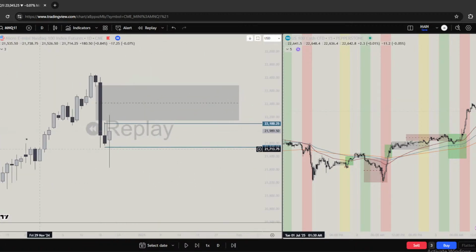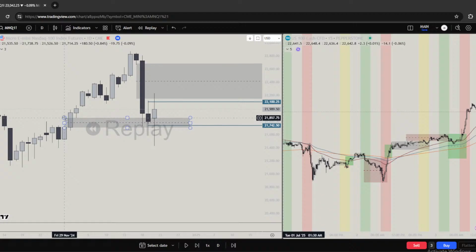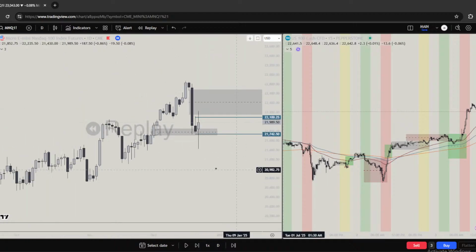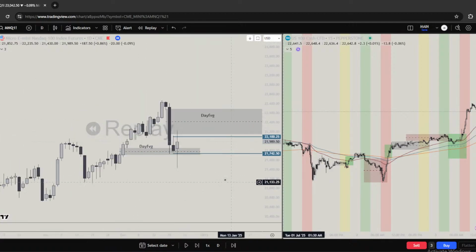Alright. We had this previous FVG here. Okay, this is where price is interacting now. We got this daily FVG here, our next FVG here. This is where price is interacting now.